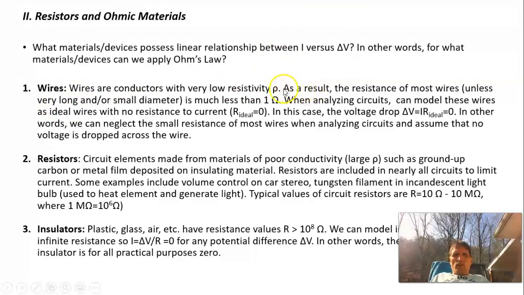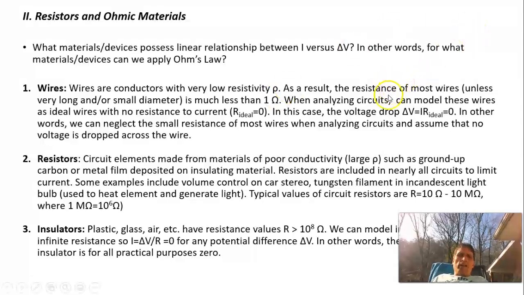And as a result, since the resistance is the resistivity times L over A, unless the wires are really long or have really small diameters, the resistance is very small in wires. In fact, it's usually under about an ohm for most wires.